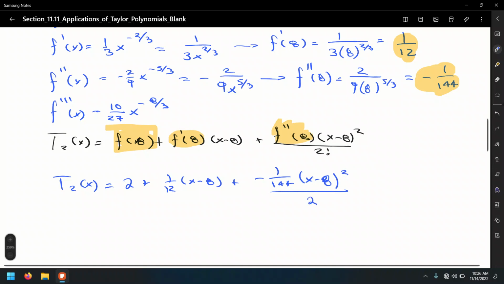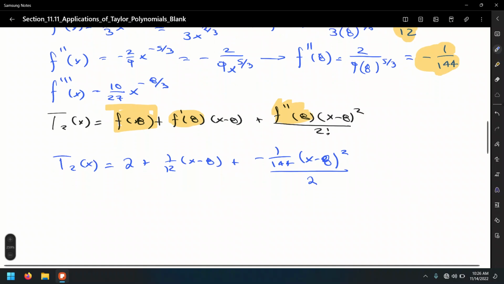And well, we need to simplify this, and that's going to give us T sub 2 of x equals 2 plus 1/12 (x minus 8), minus 1 over 288 (x minus 8) quantity squared.